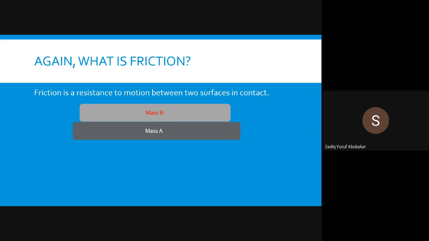Reese says 10. Angel says 0. Richmond says 0. These people cannot speak, so they are typing it. Rabiat says 0. Angel says I think it's 0. Okay. Any other?